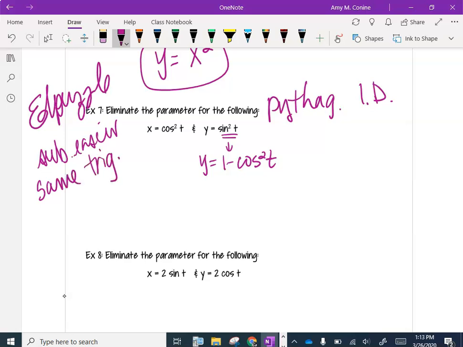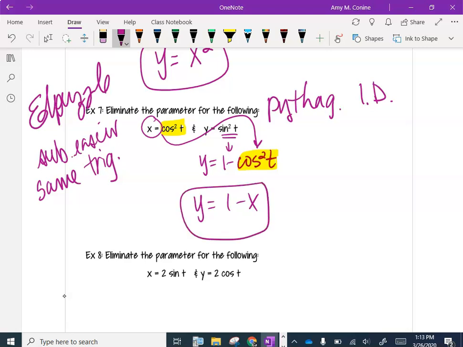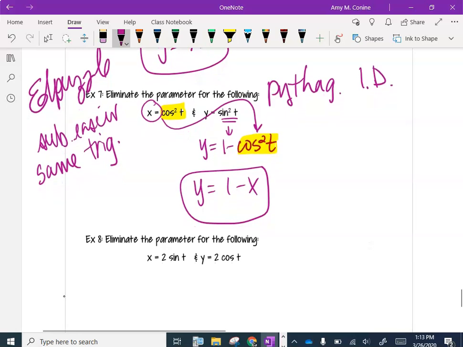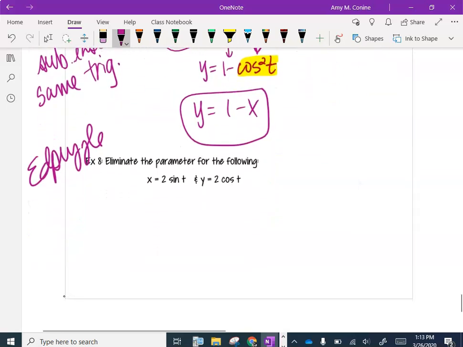Now that they're the same, I have a cosine squared of my parameter that is in both equations. So now I'm going to take the x and plug it in. Now I have a linear equation with no parameter. So that is my final answer because now the parameter is gone. I'm going to have you do example 8 in Edpuzzle, and then I'll walk you through that one as well.